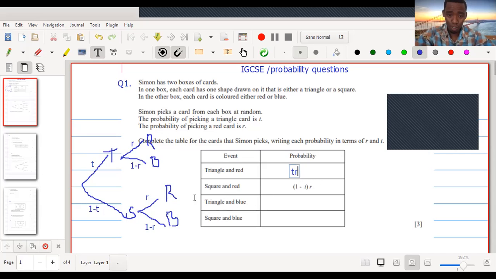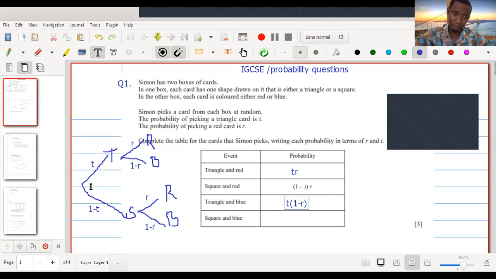Triangle and blue. Here we have triangle and blue. That will be T, I open a bracket, then I put 1 minus R. Next, they said square and blue. This is the square, and then blue, the last column. This one and this one.